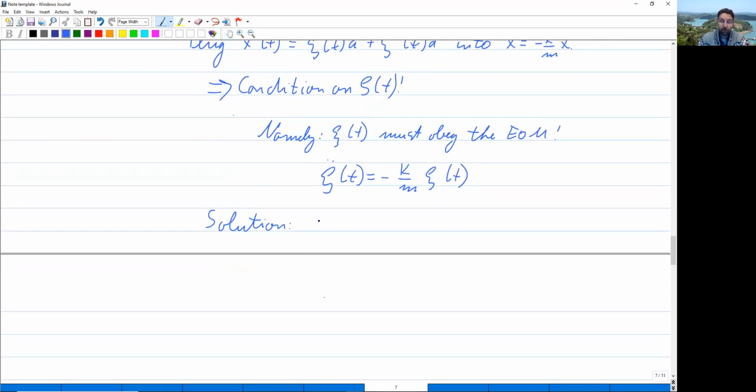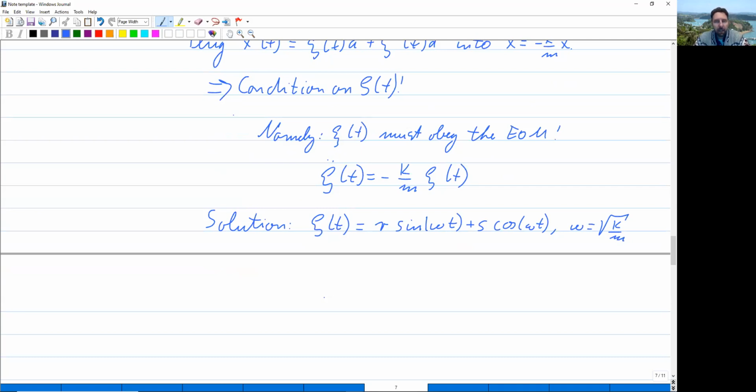So what we find is that the solution is that psi of t is equal to r sine omega t plus some other constant s cosine omega t, where r is some arbitrary number and omega is equal to the square root of k over m. Because what the equation of motion says is that the second derivative has to be equal to the function up to a factor of minus the constant, and yeah, the usual.